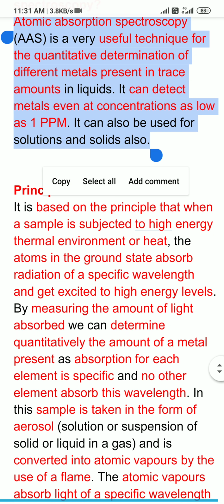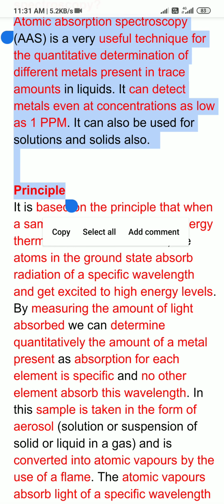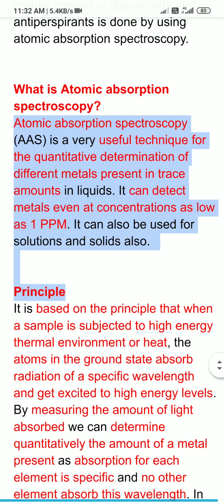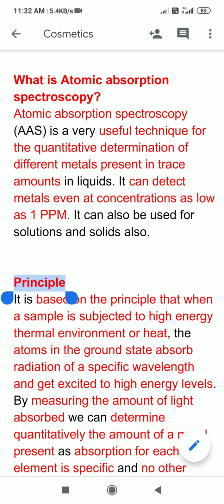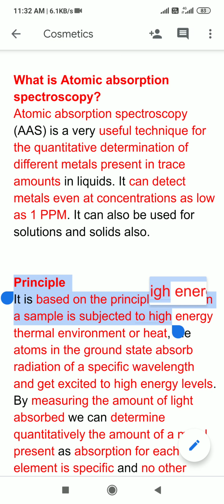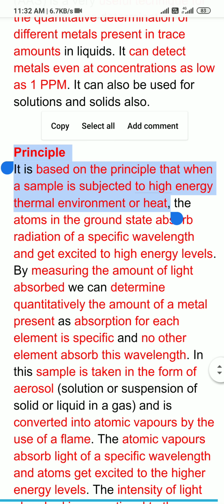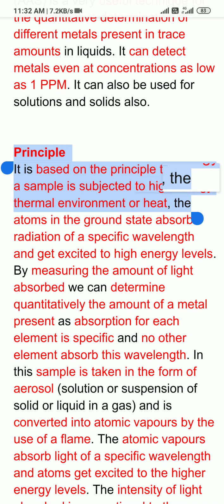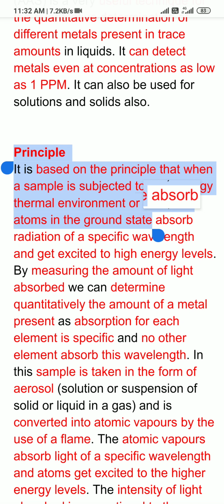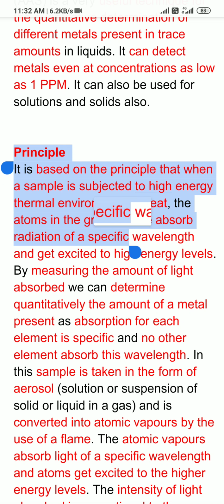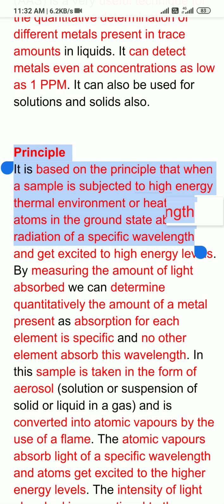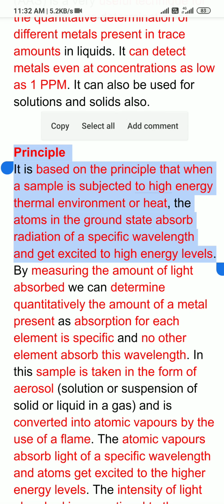So next I am coming to the principle of atomic absorption spectroscopy. Atomic absorption spectroscopy is based on the principle that when a sample is subjected to a higher energy thermal environment, here meaning heat, the atoms in the ground state absorb radiation of a specific wavelength and get excited to higher energy levels.